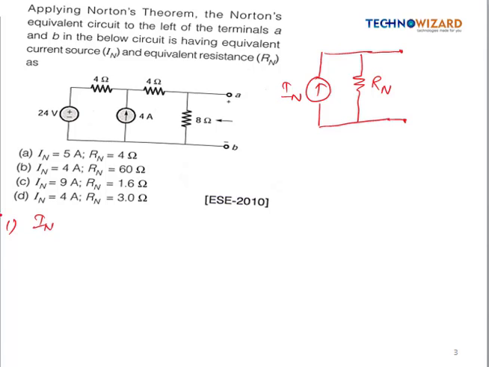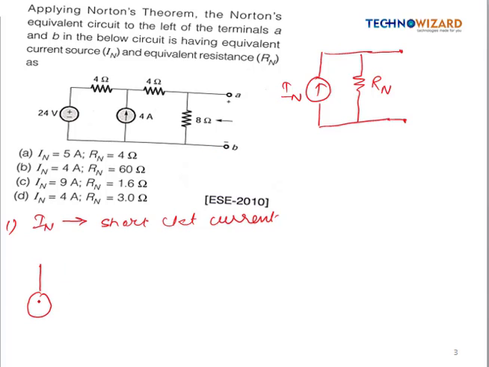Norton current is nothing but the short circuit current, right? So we have to short the terminals AB across which we have to find the current. Let's draw the circuit.